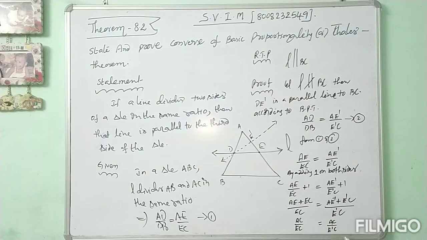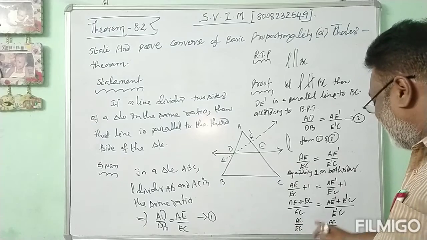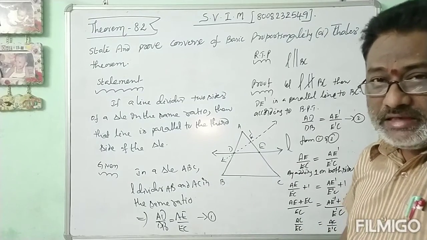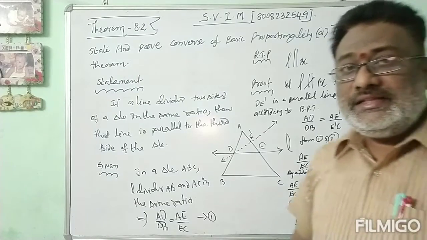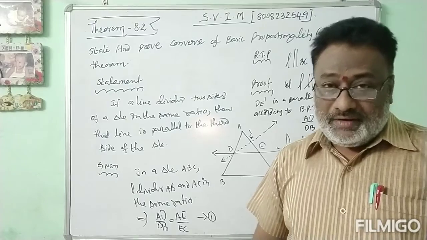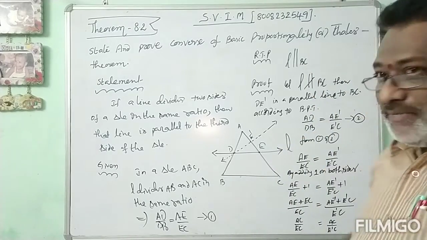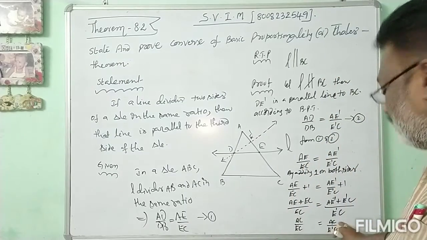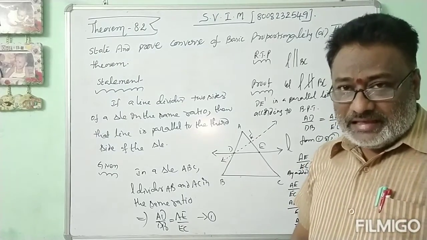Now listen to me. Here we have two fractions. In these two fractions, their respective numerators are equal, because AC is equal to AC, according to the reflexive property or Euclid's properties, a line segment is equal to itself. According to that, AC is equal to AC is acceptable.